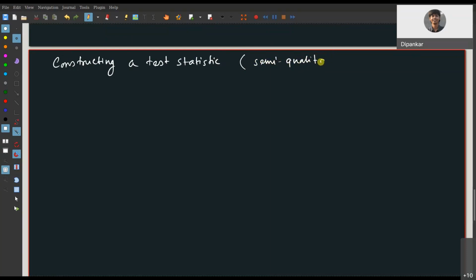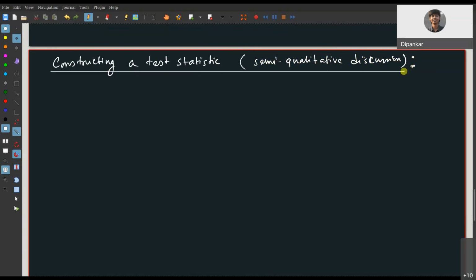So this is a semi-qualitative discussion, and people who already know more than me about this may help me and the other participants to understand better.